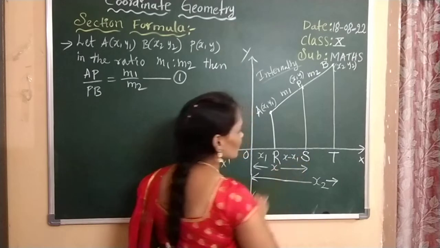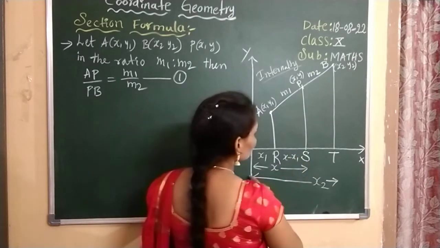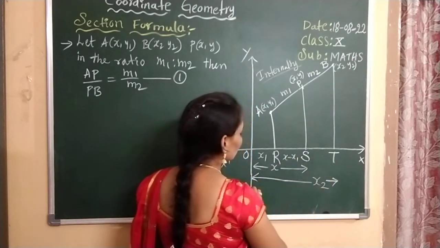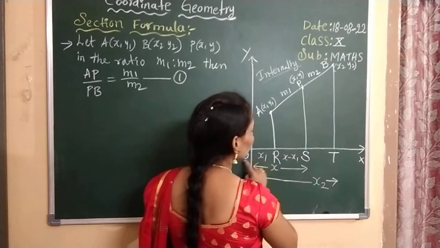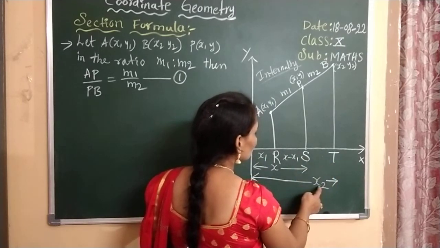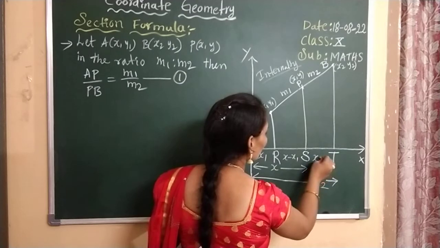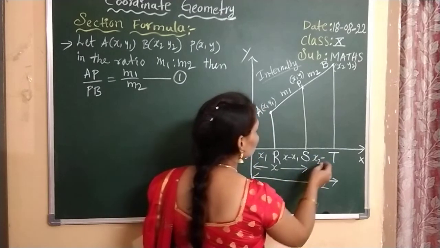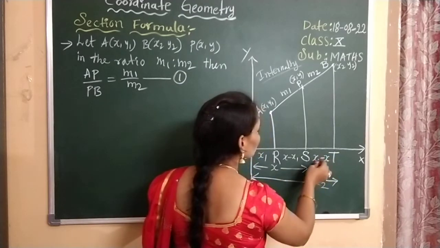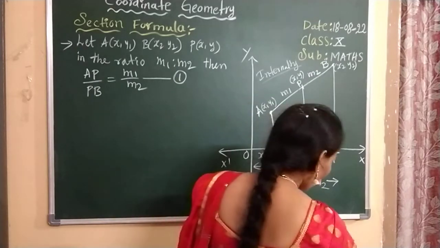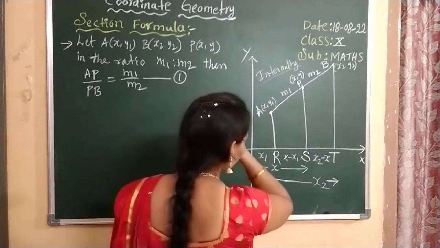Now the distance ST we can consider as OT minus OS. OT is x2 minus OS is x. So now you will get this.